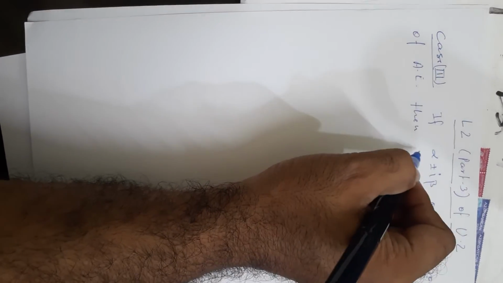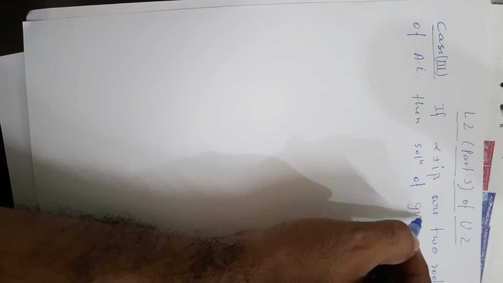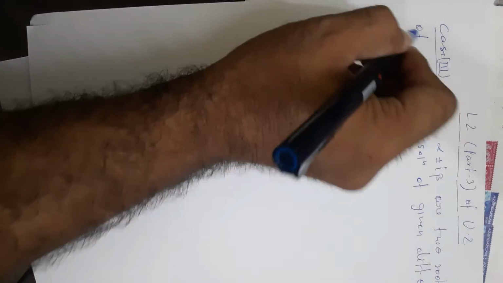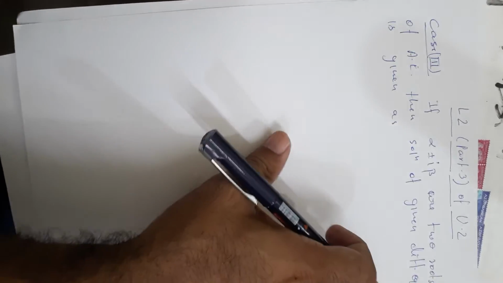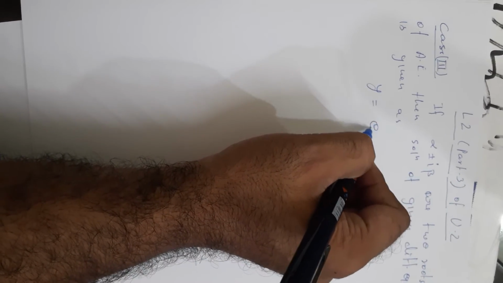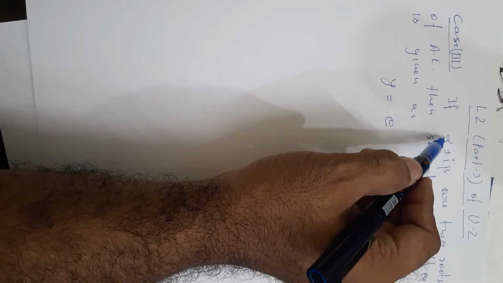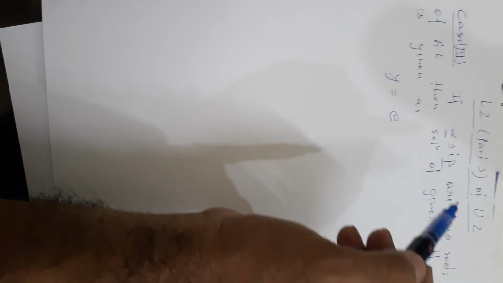Then the solution of the given differential equation is given as y is equal to, here we have alpha plus minus i beta. Alpha is the real part and beta is the complex part.